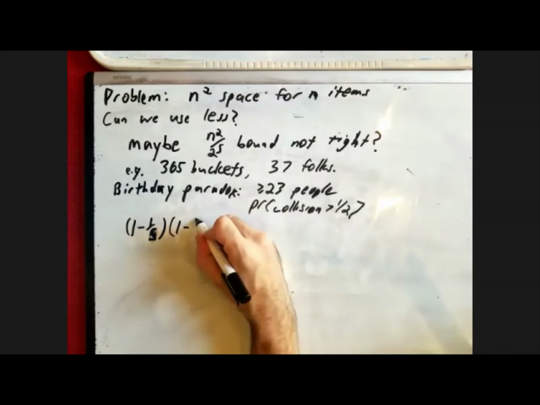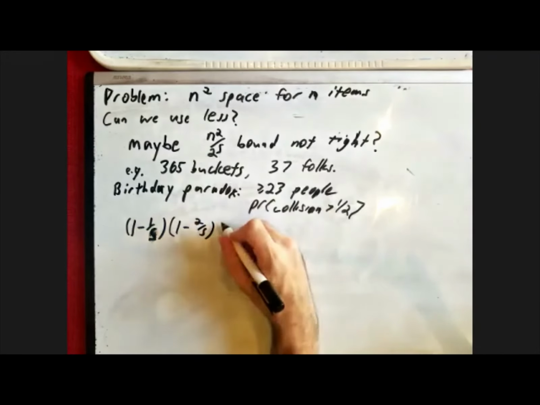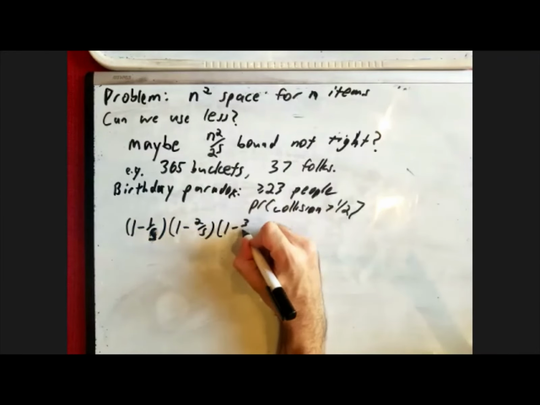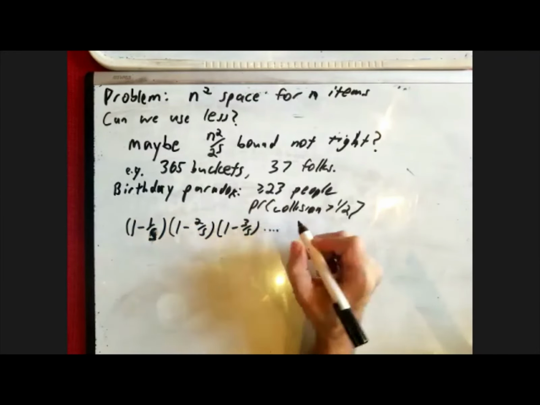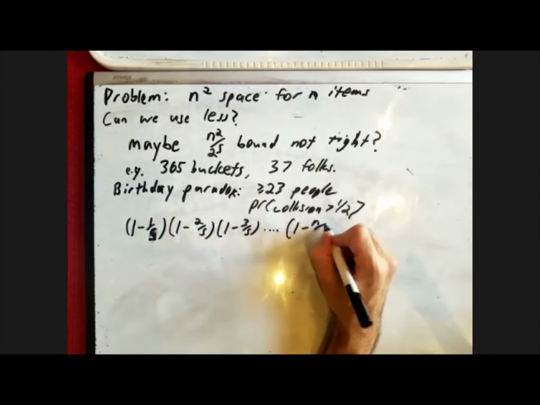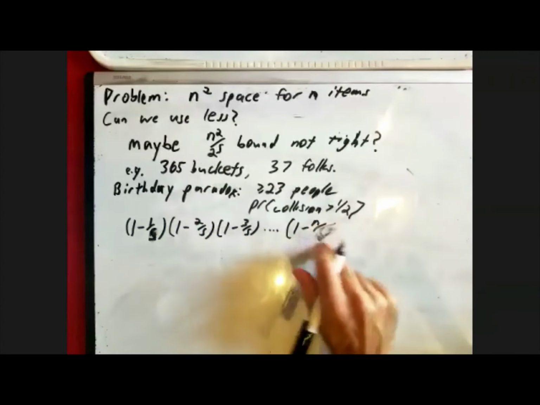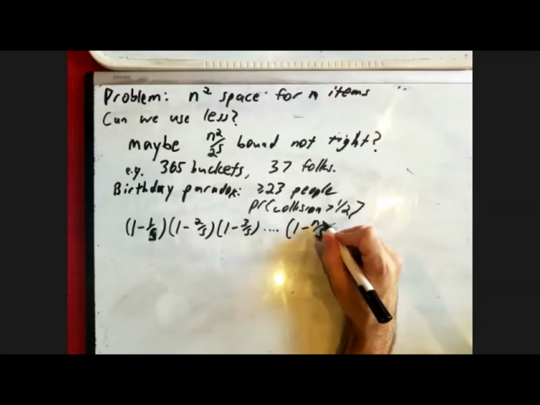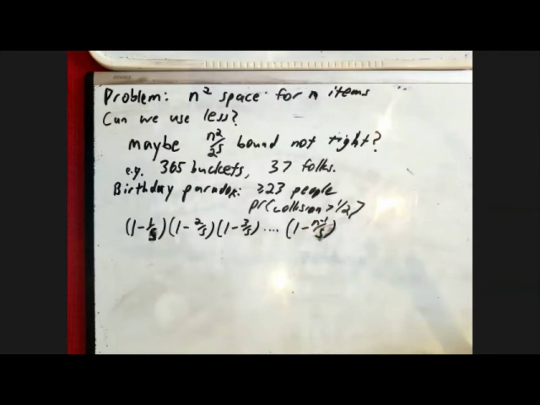The probability that the next person doesn't collide is 1 minus 2 over s because there are now two occupied buckets, and so on, all the way out to 1 minus n minus 1 over s for the final person going in.